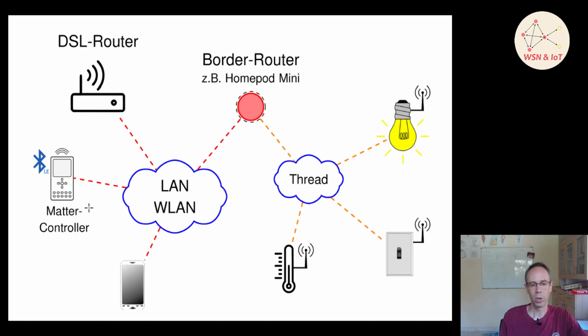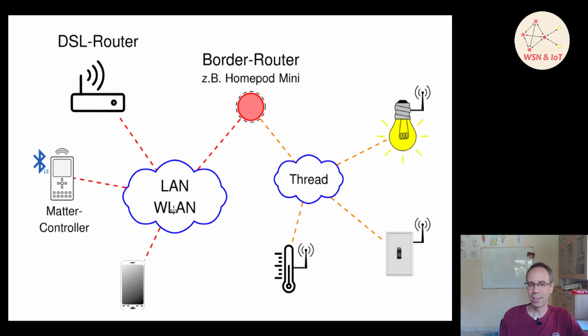For all other products where you need more data rate, or which are already there in your network, like your mobile phone, you can connect with Wi-Fi to your network. The border router connects them, so something like the HomePod Mini can be a border router.